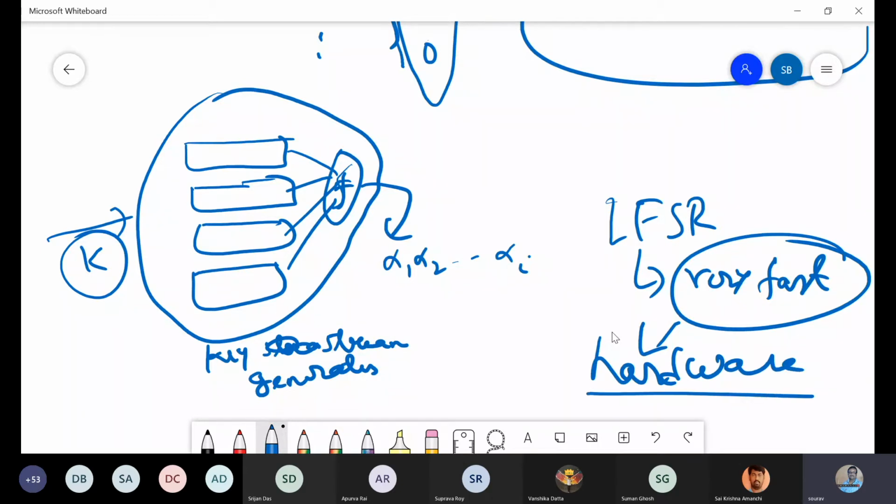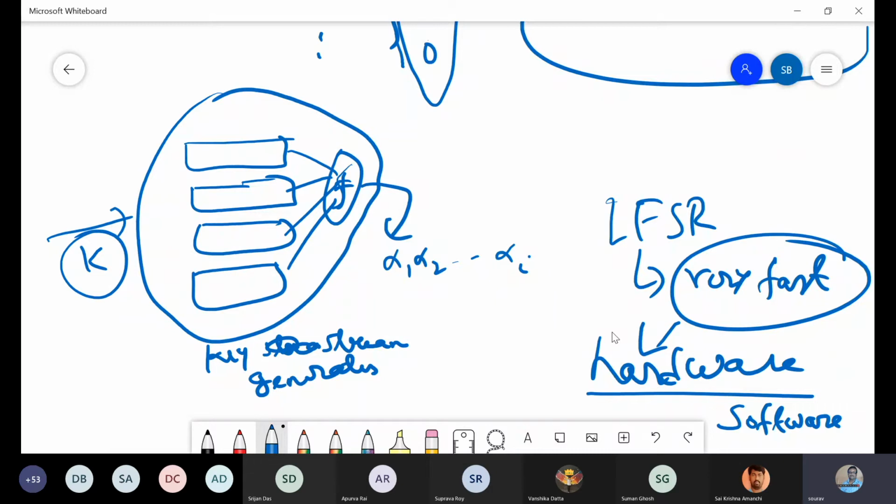Software also it is very fast. So LFSR is fantastic when you implement it. Ultimately, we have to use the encryption and decryption algorithms to encrypt our messages. Good. So that's why we don't give up LFSR.